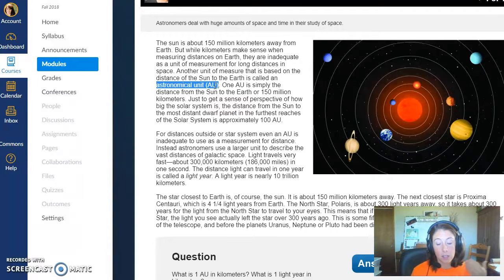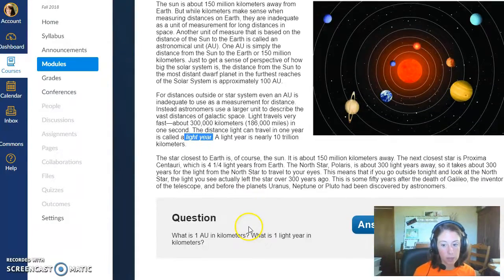You should write this down and have some sort of a definition or description for that. You should also have light year written down with a definition and description. Now, an astronomical unit is the distance from the sun to the earth, or the earth to the sun. A light year is the distance light travels, at the speed of light, 300,000 kilometers per second. Okay, so be sure you have all of that written down.